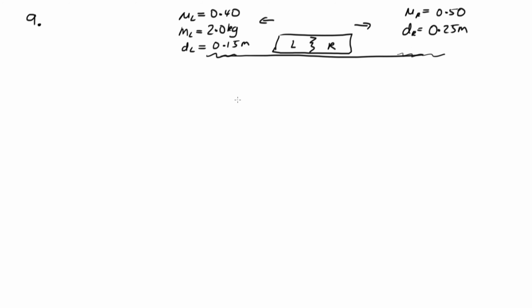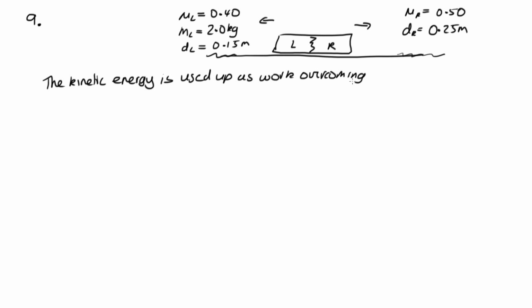So we can use that to work out how much kinetic energy they had initially. So the kinetic energy is used up as work overcoming friction.